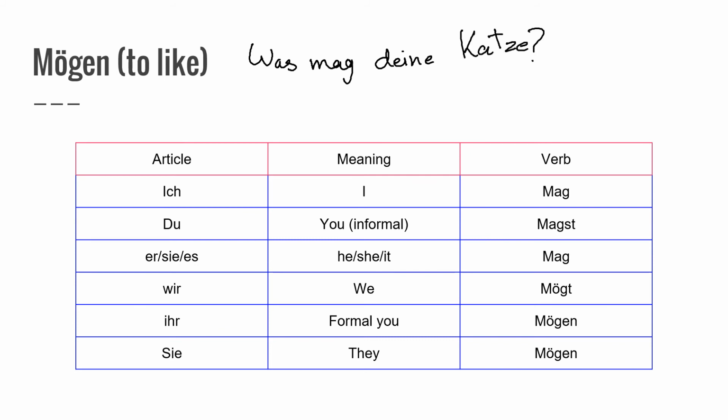This doesn't have any of this, so just forget this example. We can say: Ich mag Karotten essen, which means I like to eat carrots.